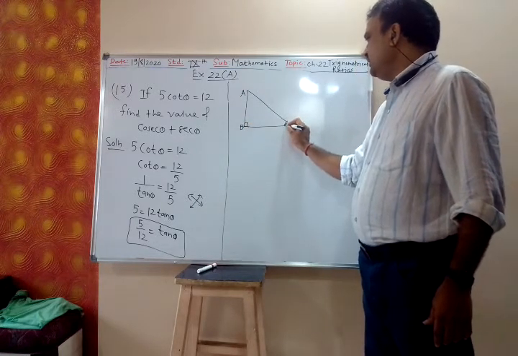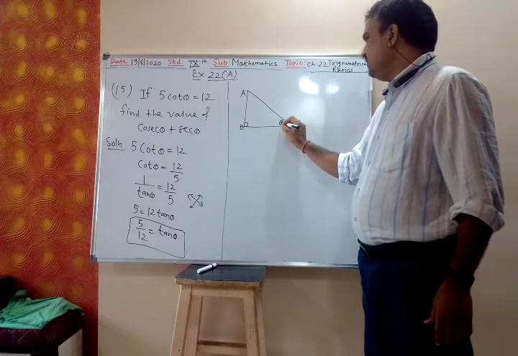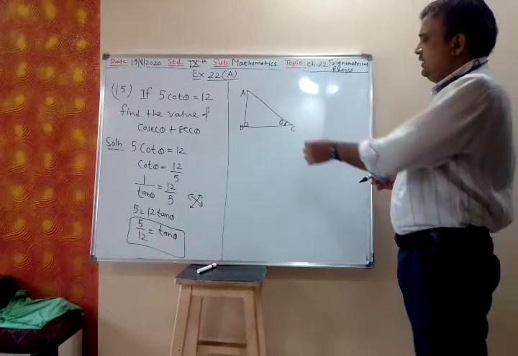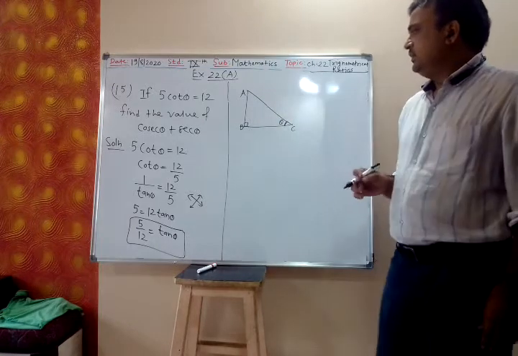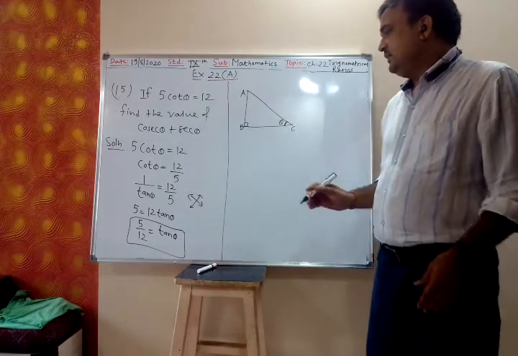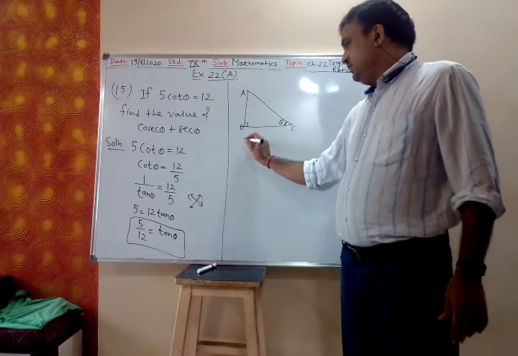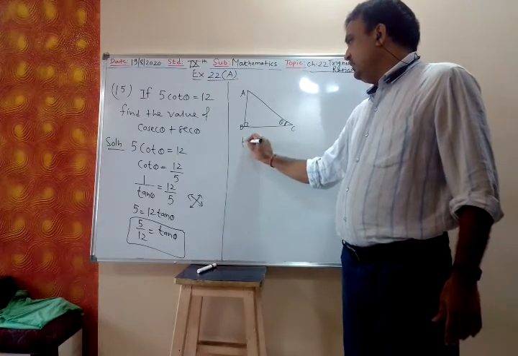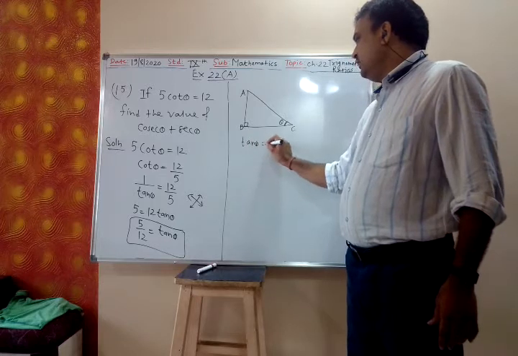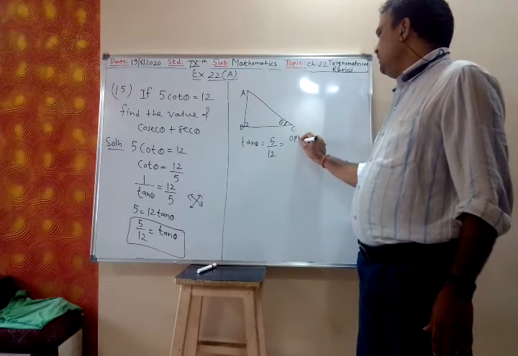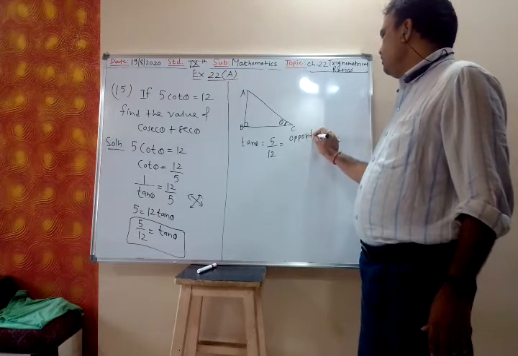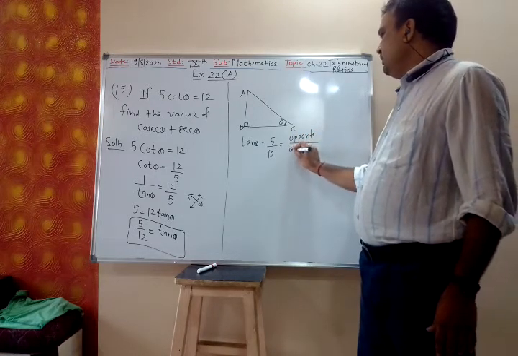Let us take C as the reference angle theta. You can also take A, no problem. So tan theta is 5 upon 12. But what is tan? Tan is opposite upon adjacent.